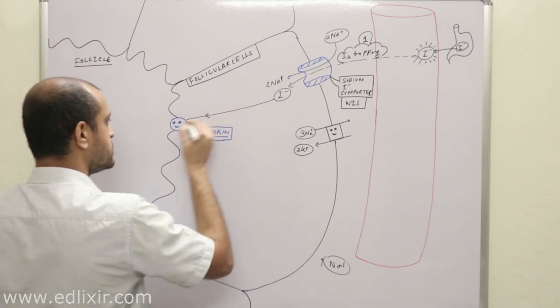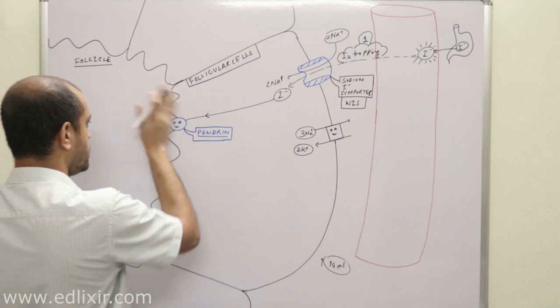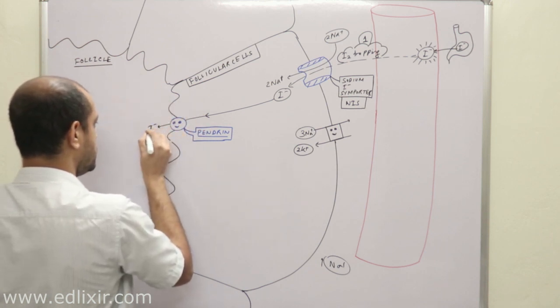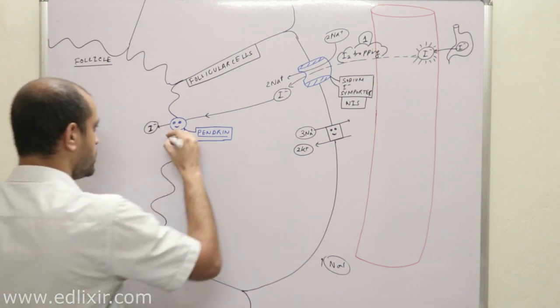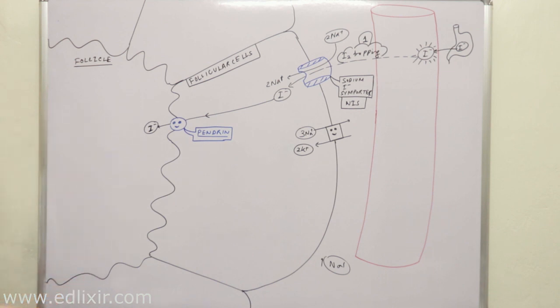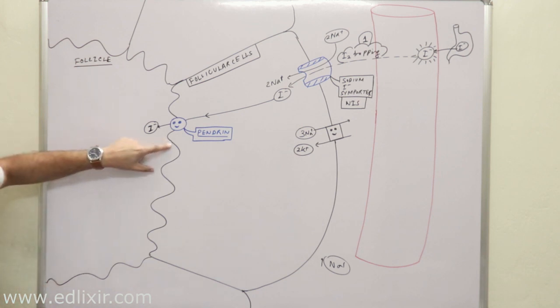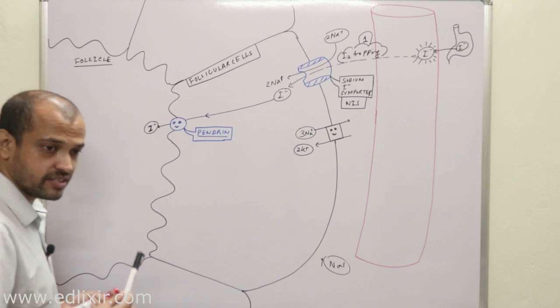Pendrin actually transfers iodine, or iodide, into the follicle. Now a very important point we need to understand is that this iodide is negatively charged.